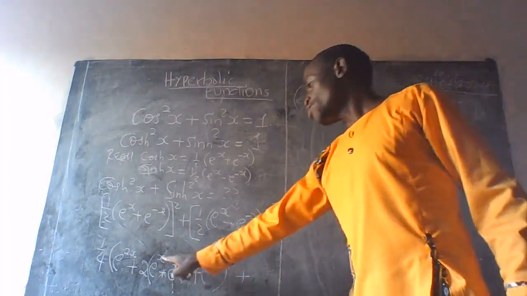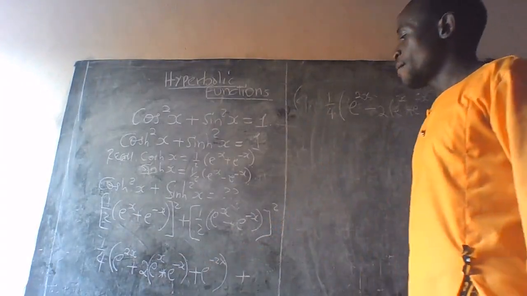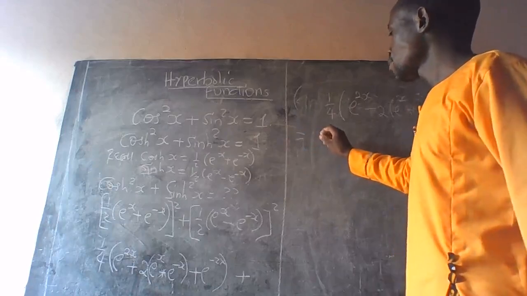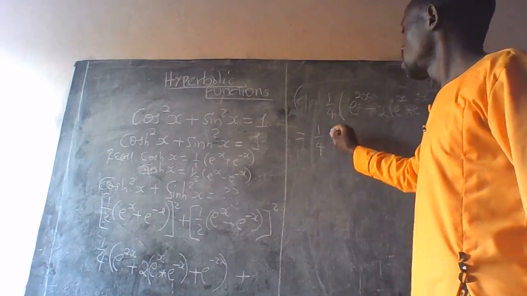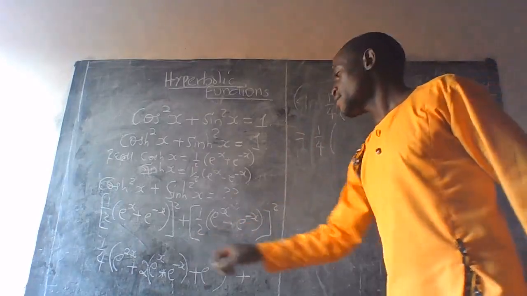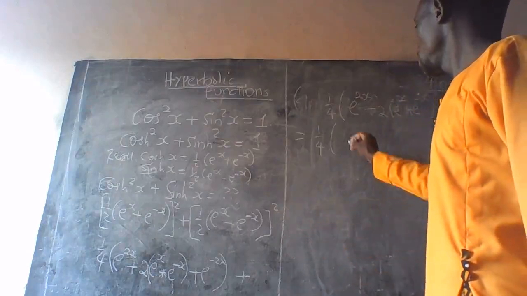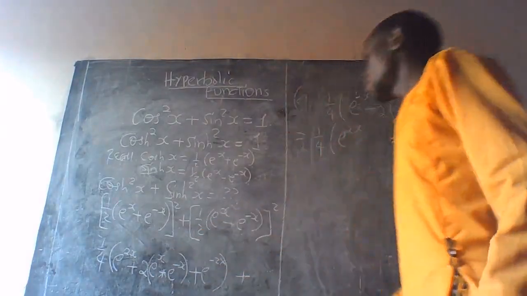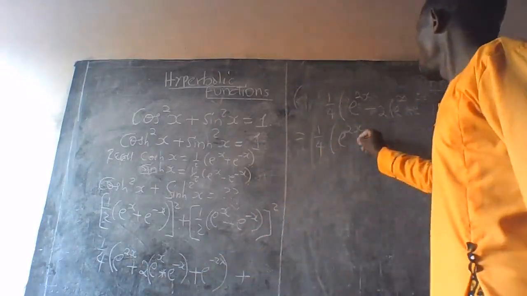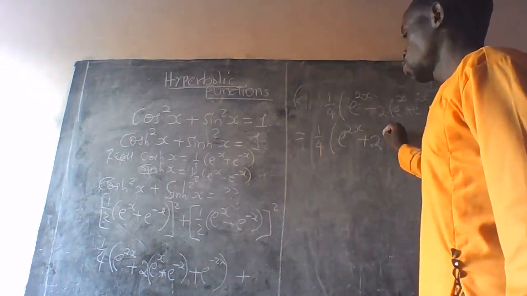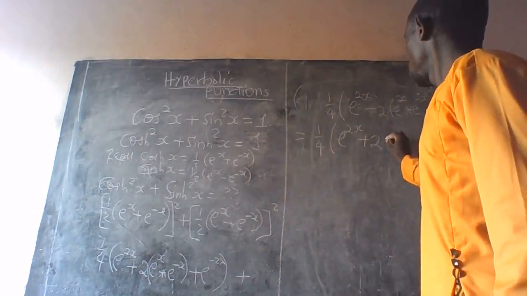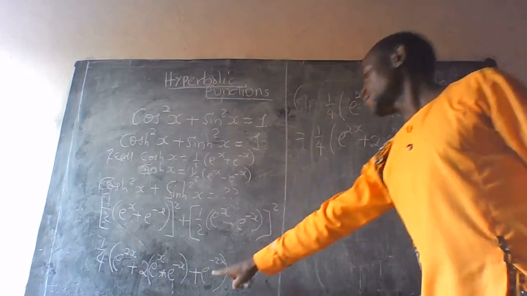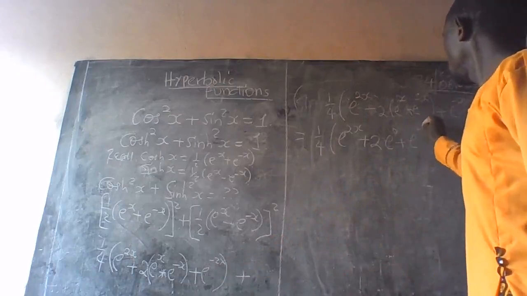Add up what is in the brackets. Again, we are going to have this one and this one as 0. So we're going to have equal to a quarter. The first part there is going to give us e^(2x), and then this is going to give us 2 plus 2 e^0, plus this part here is e^(-2x).